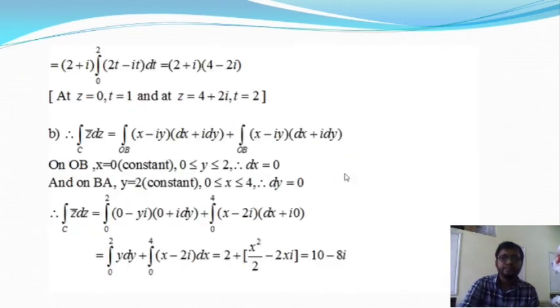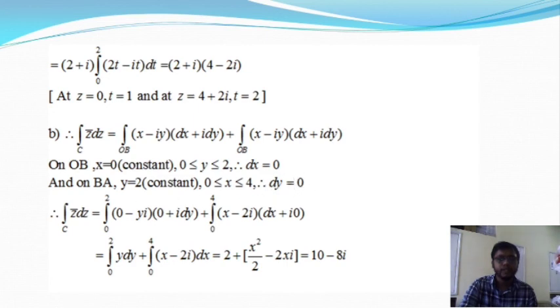So on the straight line OB, we'll take x is equal to 0. Here x is constant and y varies from 0 to 2, so that means dx is 0. The derivative with respect to x is 0. And on the line BA, where y is constant and x varies from 0 to 4, therefore dy is 0.